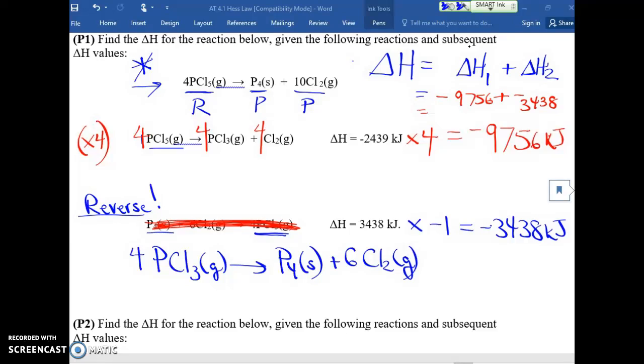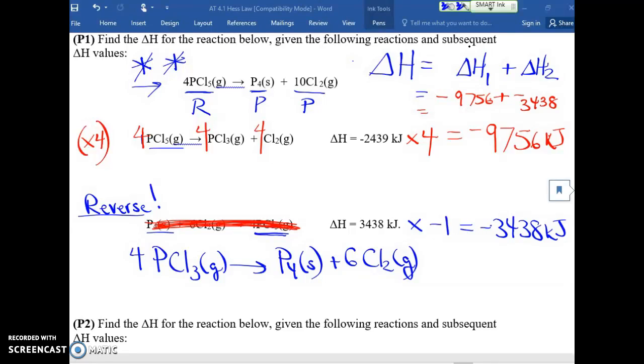I want to make certain that these are actually combined correctly into the desired formula. I'm going to do that by doing two things. If two things are on the same side, I add them together. If they are, however, on opposite sides of the reaction, they cancel out.